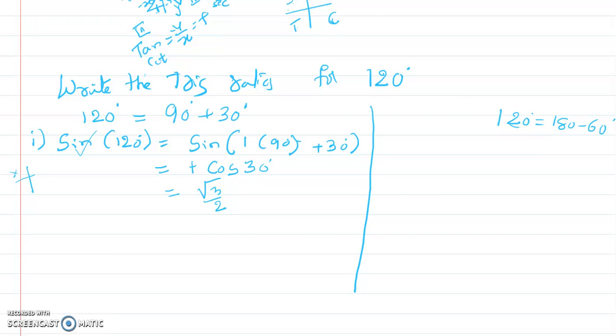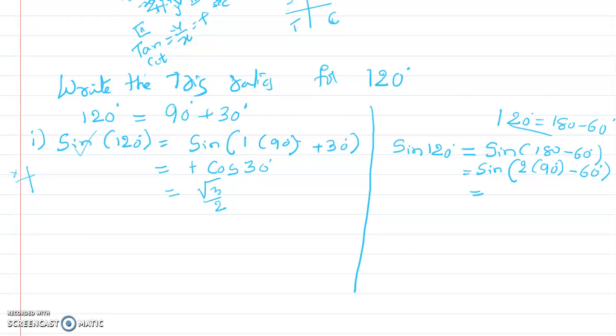Similarly, I can write this 120 as 180 minus 60, so I will find the value of sine of 120 by writing like this. Sine of 120 is equal to sine of 180 minus 60 degrees. 180 degree I can write as 2 times 90, minus 60 degrees. 2 is an even number.